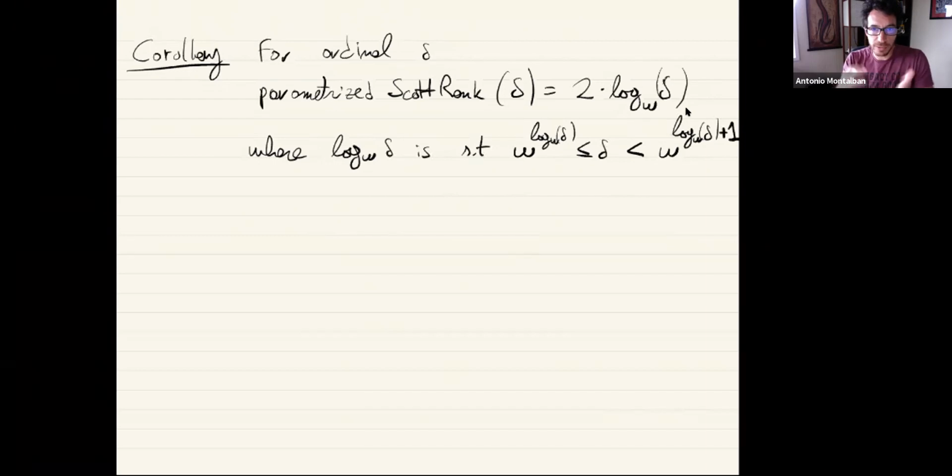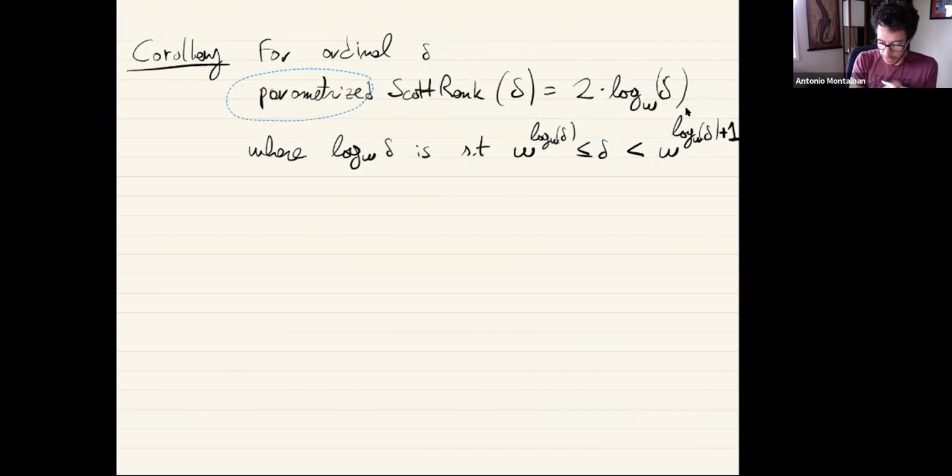So the logarithm is whatever ordinal you have to raise omega to the power of to get close to delta, so delta is in between the omega powers. Parameterized means that there exist parameters that you add to the linear ordering to get the Scott rank.